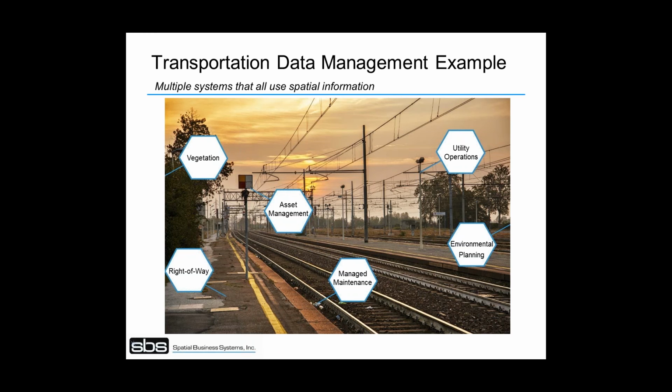Utility information is quite extensive in your environment, so there oftentimes are separate systems just for managing the utilities around a railway network, for example. And environmental data, vegetation management data, all those things rely on spatial sources, but they can oftentimes be separate applications. So therein lies the spatial master data management challenge.